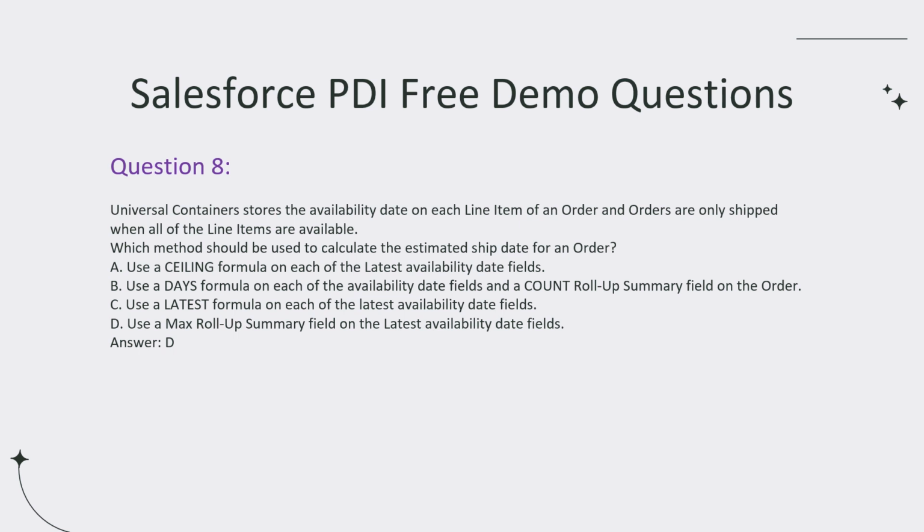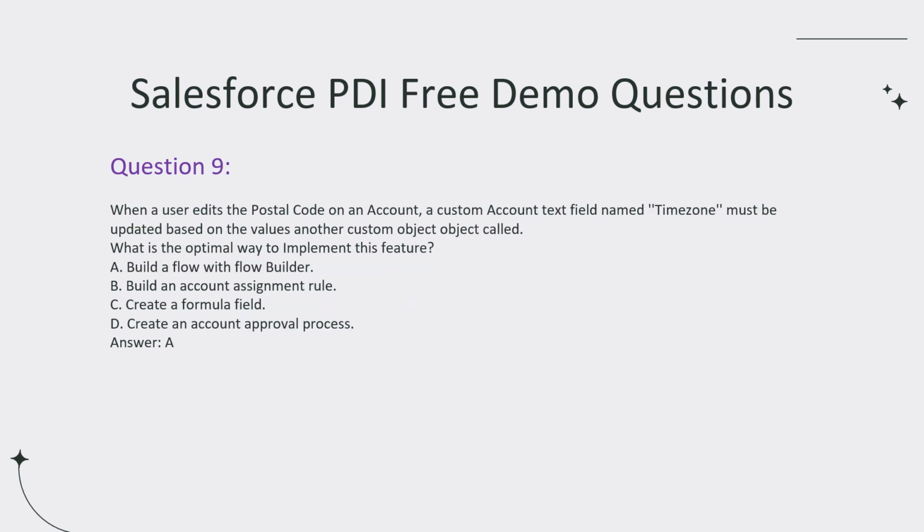C. Use a latest formula on each of the latest availability date fields. D. Use a max roll-up summary field on the latest availability date fields. Answer: D.